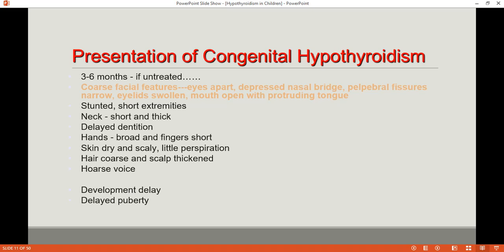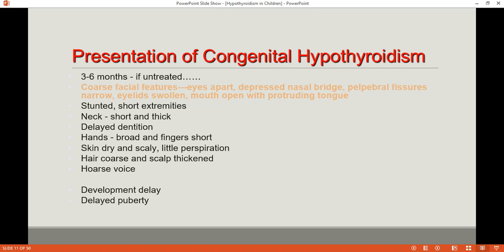Presentation of congenital hypothyroidism at 3 to 6 months. In the first three months you may find what we discussed previously, but at 3 to 6 months of age, if untreated, if a child has not been detected, newborn screening was not done, and the child has not gone to any consultant, then the patient may present with coarse facies, eyes far apart, a depressed nasal bridge, narrow palpebral fissures, swollen eyelids, and an open mouth with protruded tongue, as I said.